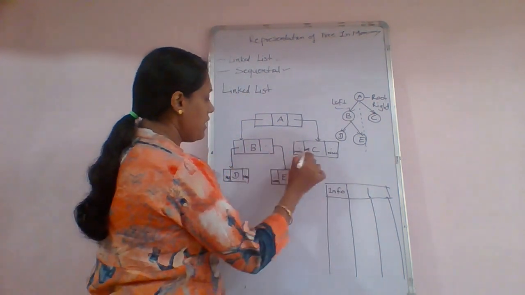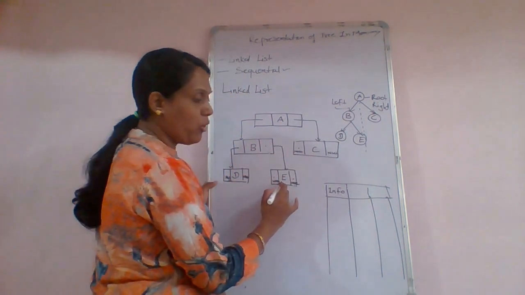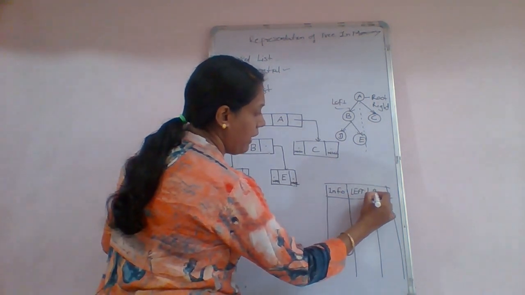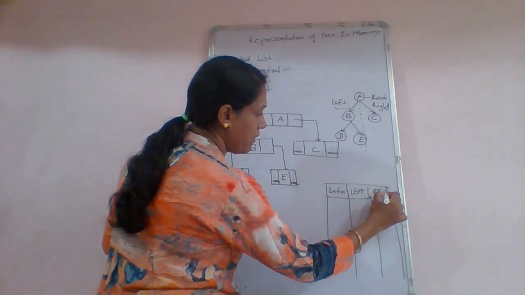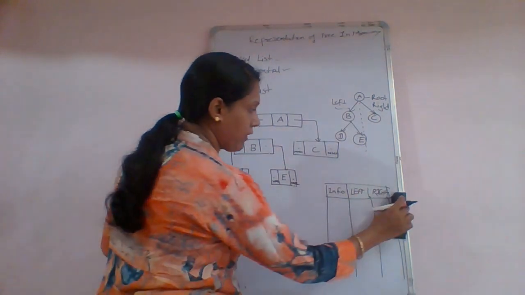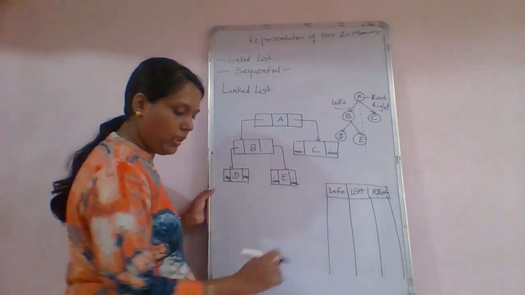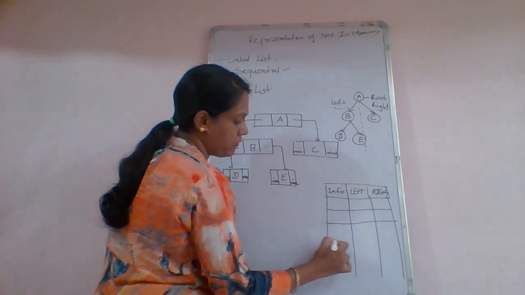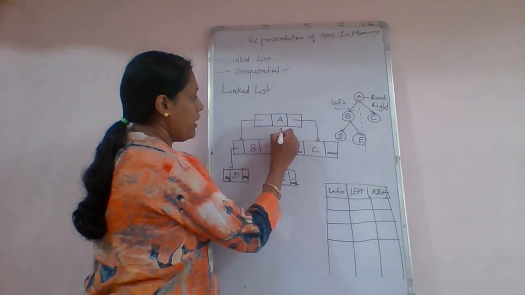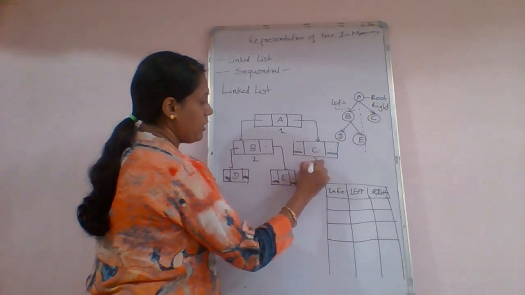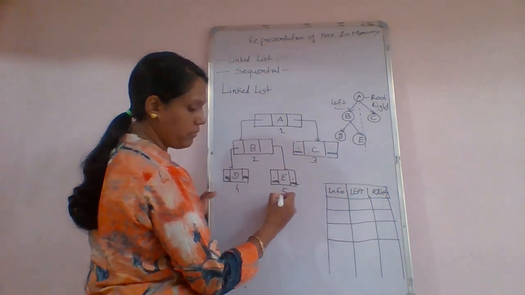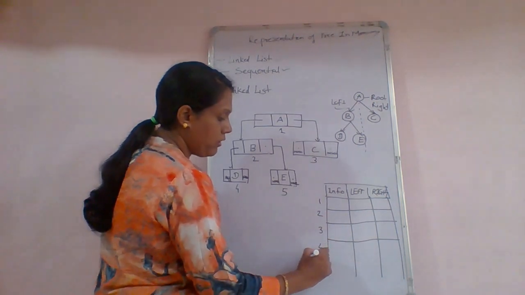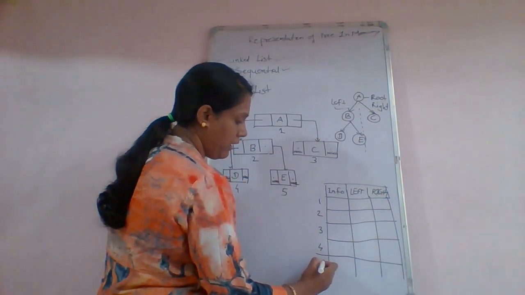A, B, C, D and E are the information. Then the left part and then the right part. Okay. Now see that, as we are given the numbers 1, 2, 3, 4 and 5.